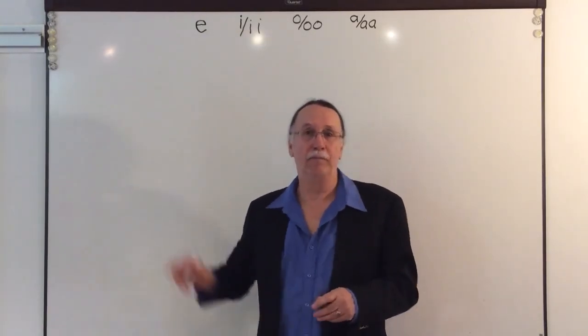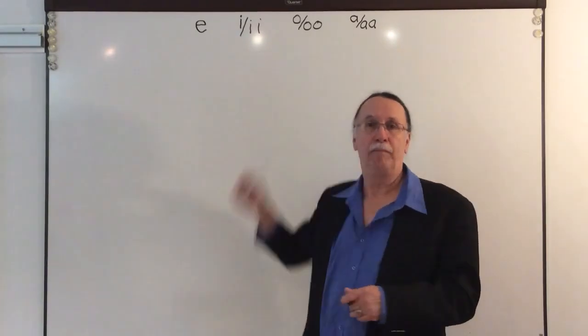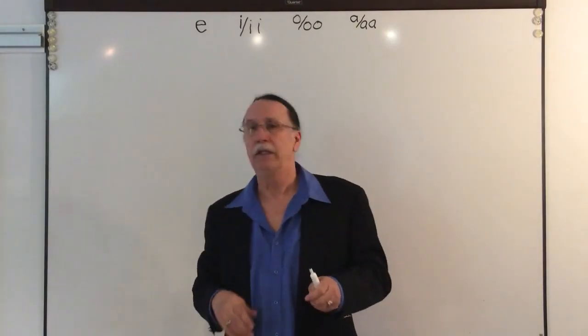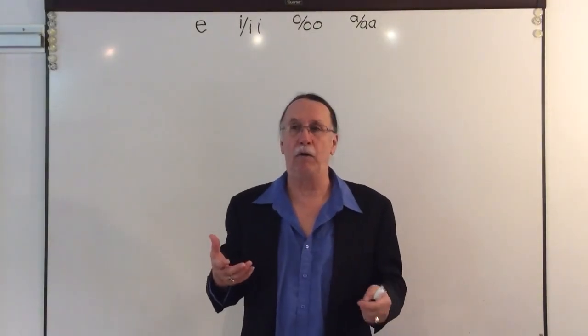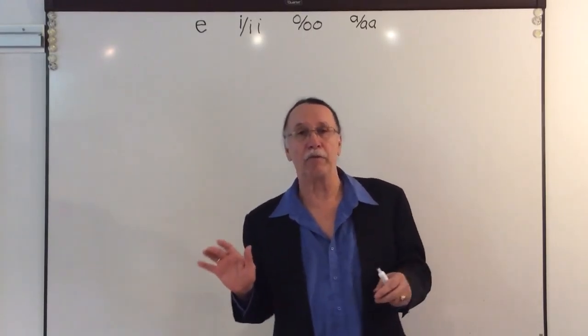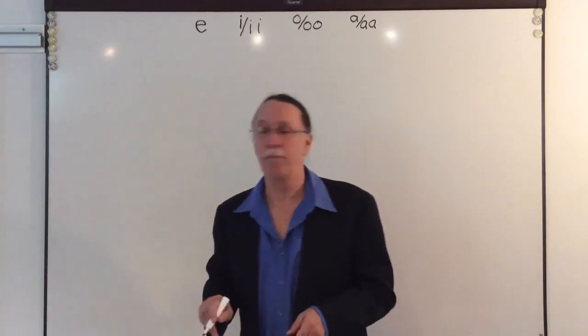That's the A sound. E, I, O, A. It's just that simple. And I know in English, Y is sometimes a vowel. In Ojibwe, it never is. Y is always a consonant. And you'll be seeing that as we get further along into this lesson.